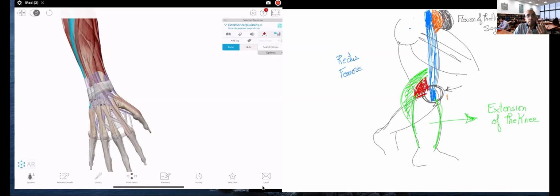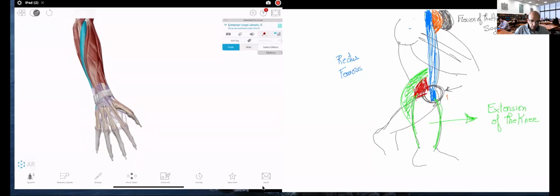Here on the opposite side is going to be medial. So if this muscle is going towards the medial side, it's going to be located on the same side as the ulna, and that's why we're going to call the muscle extensor carpi ulnaris.